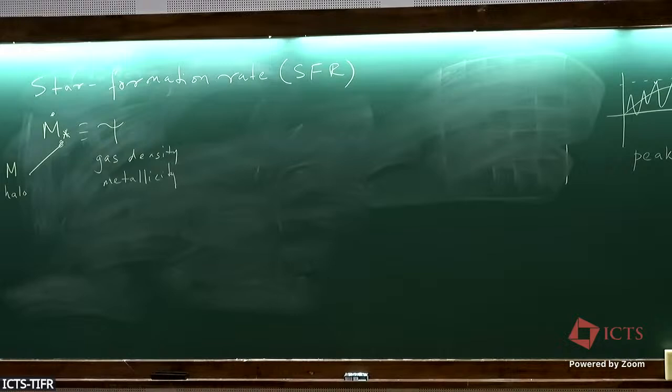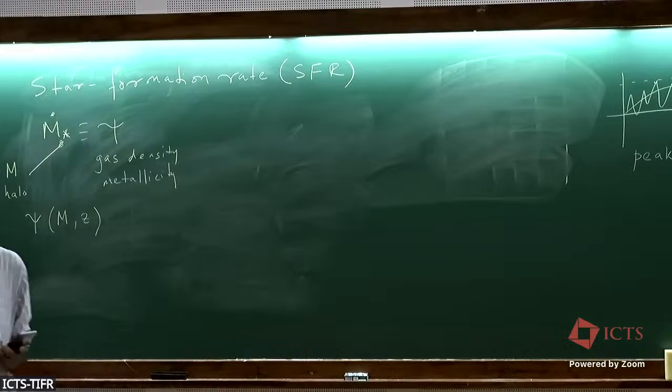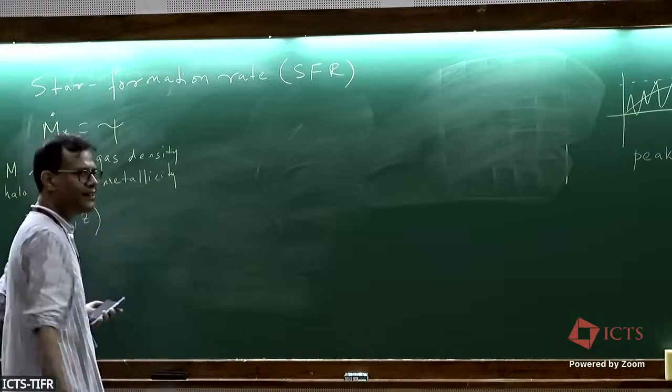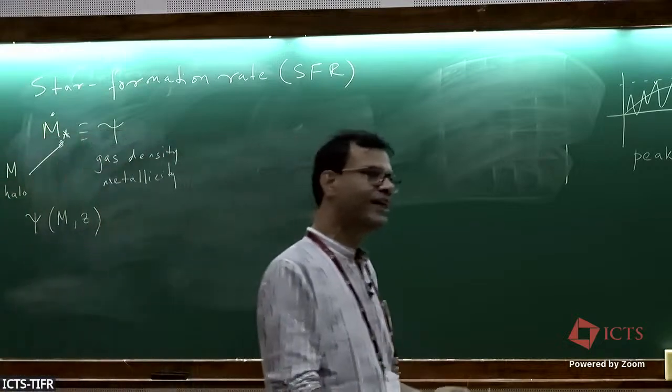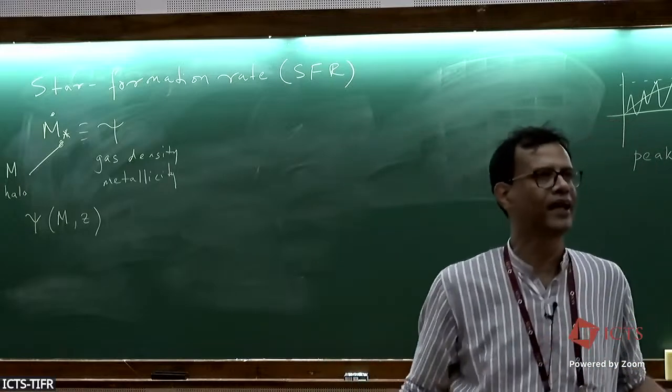But let us, for the moment, make a very simplifying assumption that psi depends just on the halo mass and redshift. What we are implicitly assuming is, of course, psi will depend on metallicity and other things. But at a given redshift, the metallicity or any other thing is also given by the halo mass.